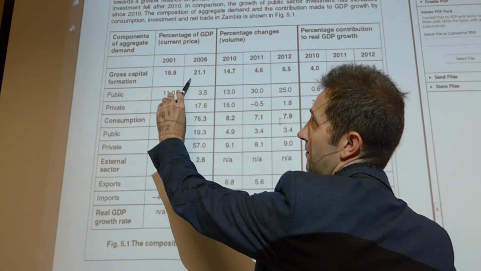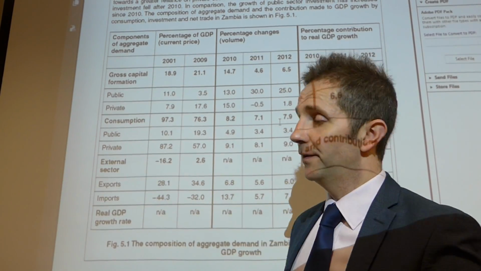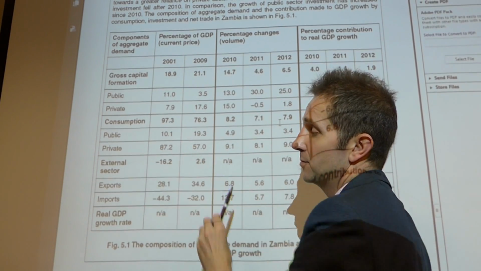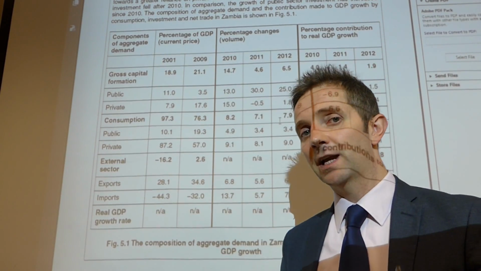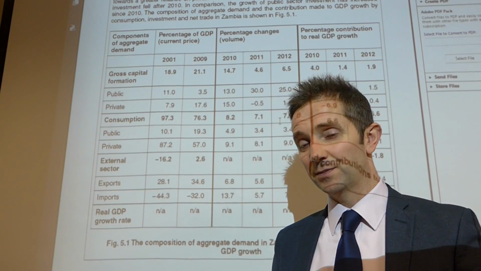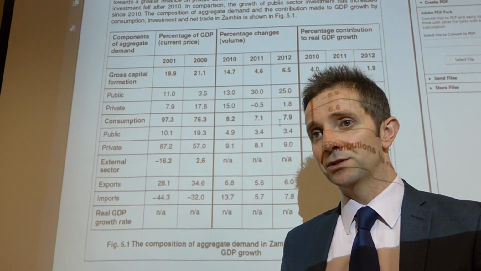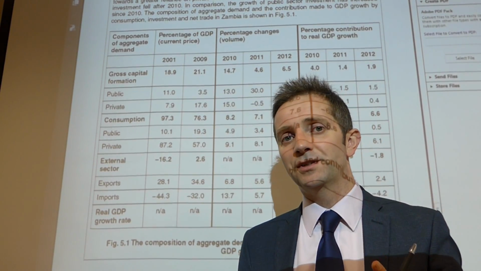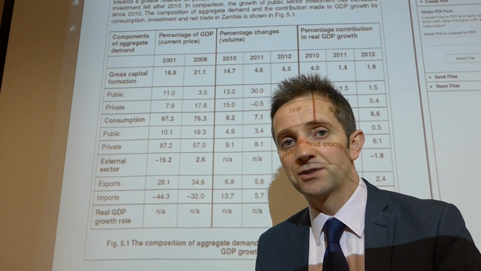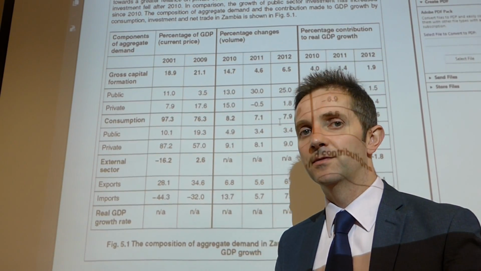And then with regard to investment, very important to note that public sector investment is greater than private sector. And don't forget about the drawbacks of public sector investment. Public sector investment, particularly in developing nations, tends to go on prestige projects which won't actually contribute to the long-run aggregate supply, to the productive capacity of the economy.